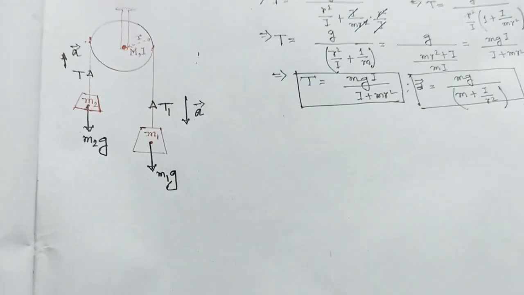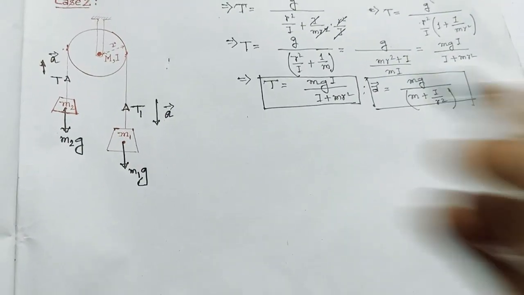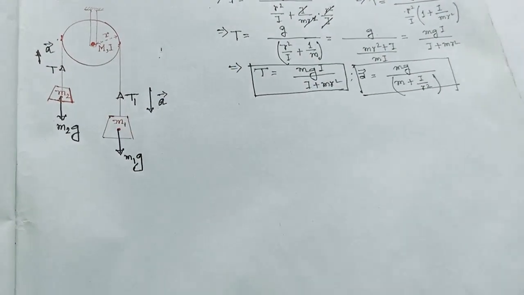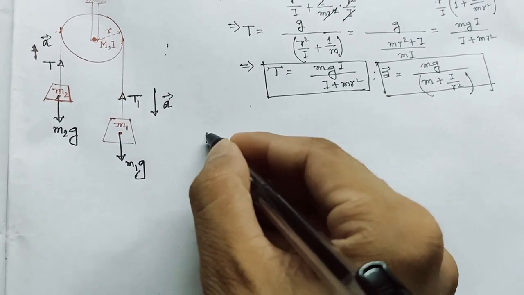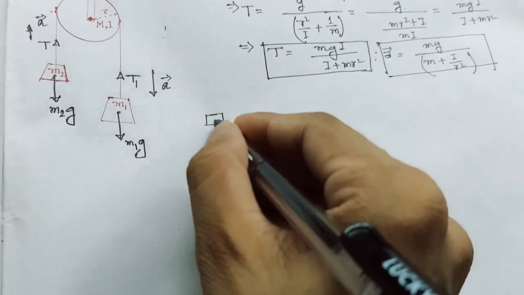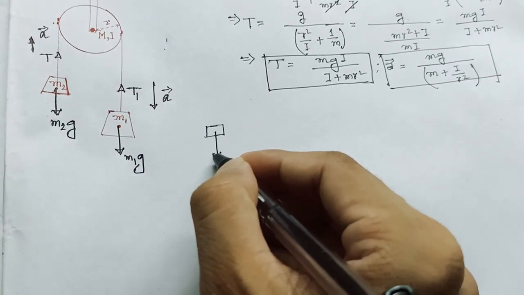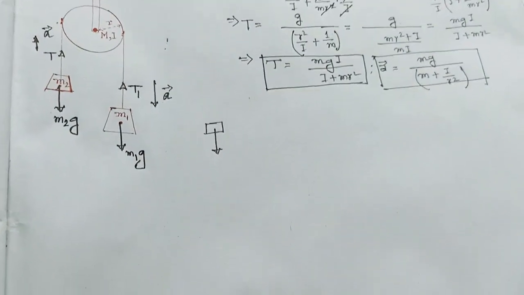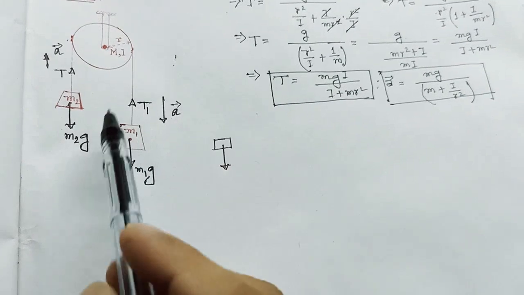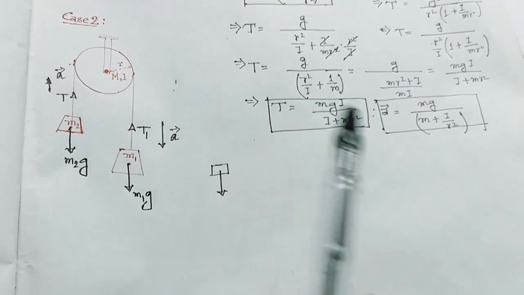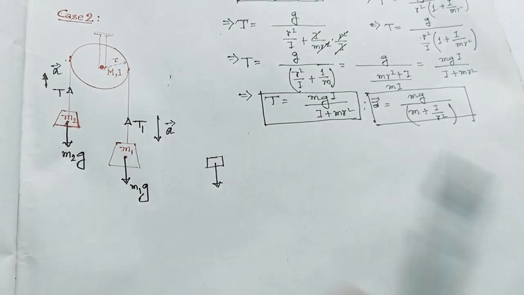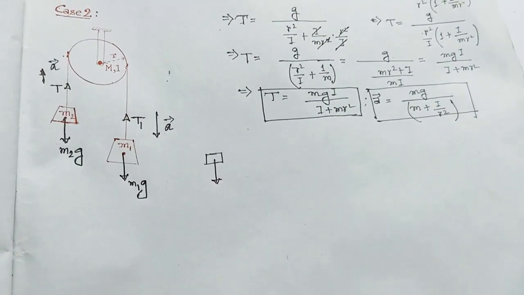Now we will draw the free body diagram, or FBD, for mass m1, m2 and the pulley separately. For the mass m1, its weight will act downward. One thing is notable here: as the pulley is not massless, it has certain mass, so the tension on both sides of the string will be different, not the same.